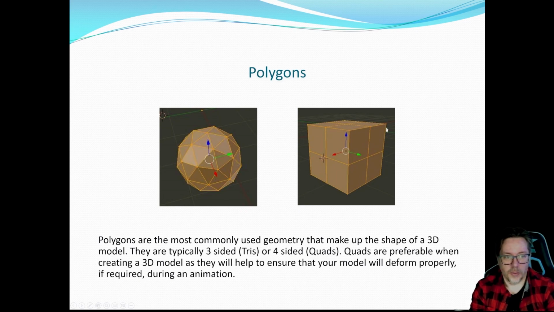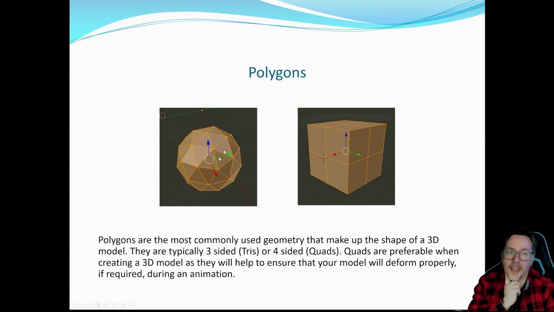Or with this cube, it's divided it into quads, or 4 sides, 4 points. And all 3D software uses either one of these or both of these, and you do have access to convert one to the other and do it the other way around.